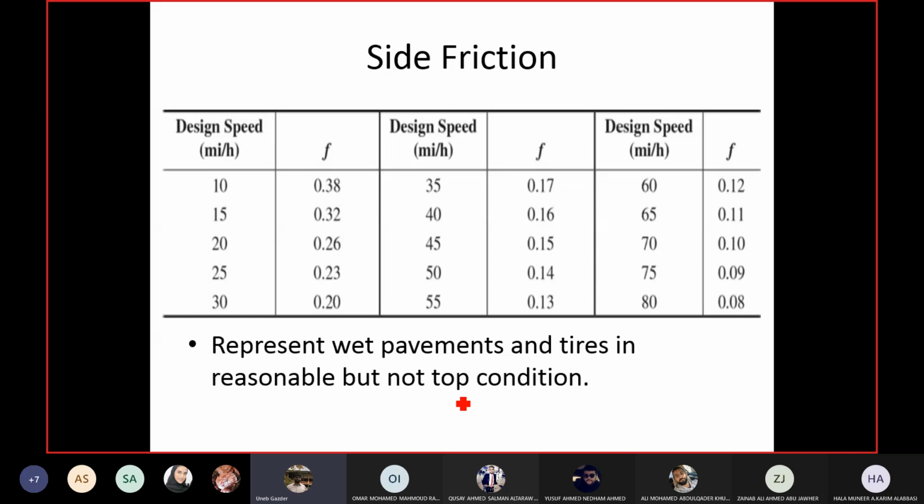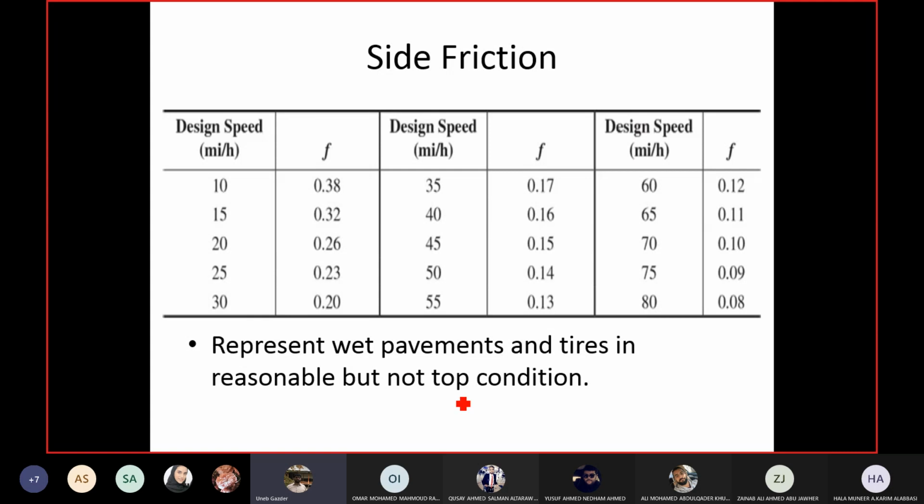They are completely soaked, like the rainfall was happening for 1 hour and now you are driving on that road. So it is not for that condition. It is for a normal, mediocre type of wet. Okay, for normal rainfall, because heavy rainfalls even in many countries around the world are not for consistent periods, not for long periods.